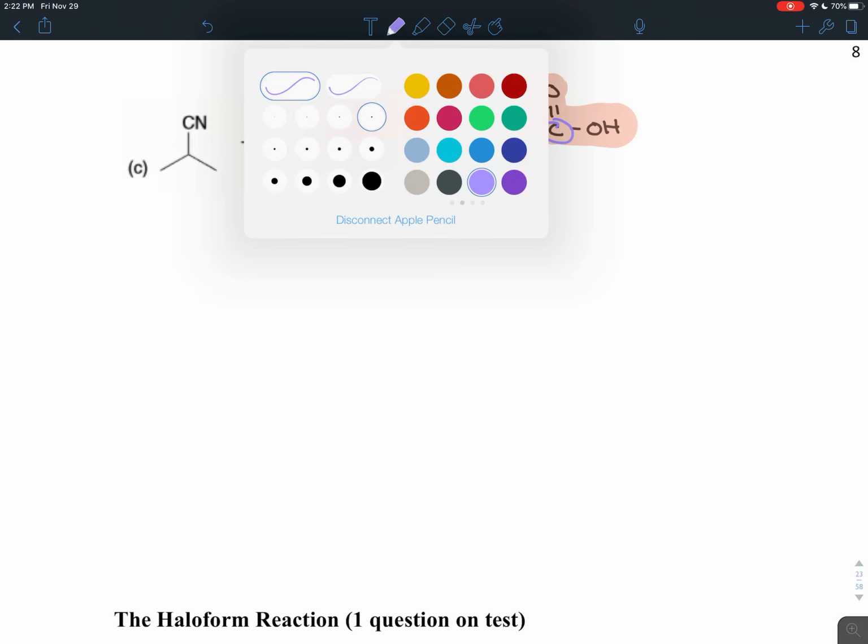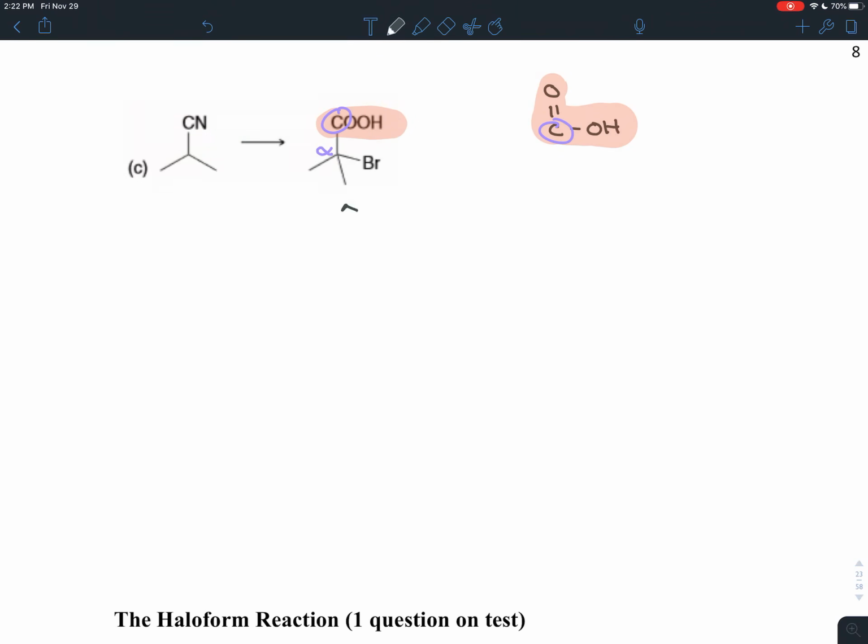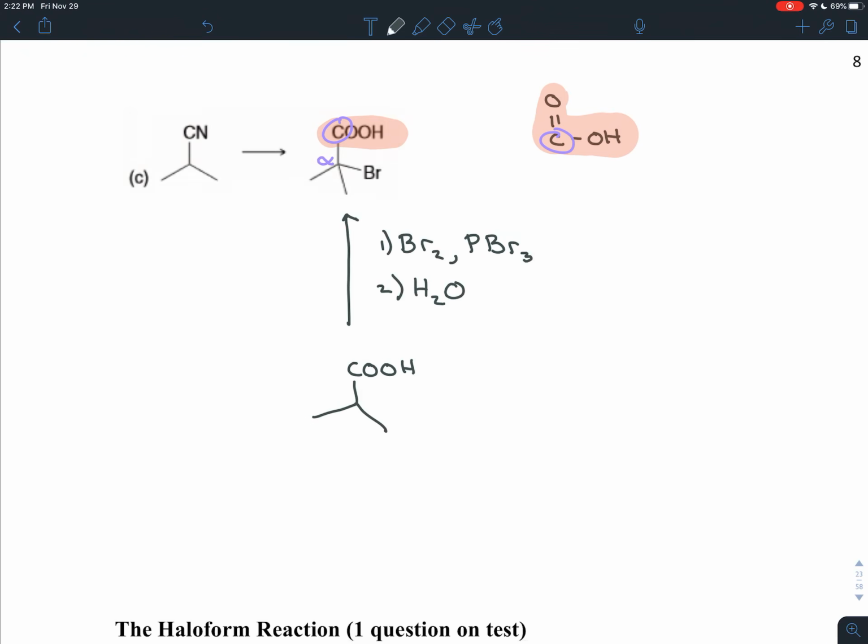How do you put a bromine on the carbon alpha to a carboxylic acid? The Hell-Volhard-Zelinsky reaction, the HVZ reaction. So molecular bromine, phosphorus tribromide, followed by a water wash. And that would turn just a regular carboxylic acid into an alpha-bromo carboxylic acid.